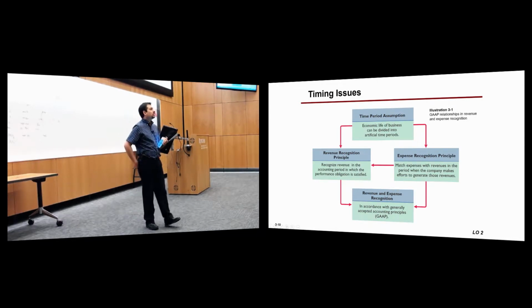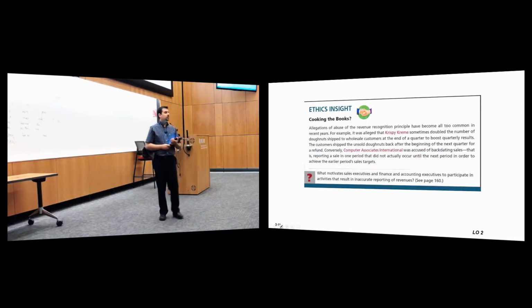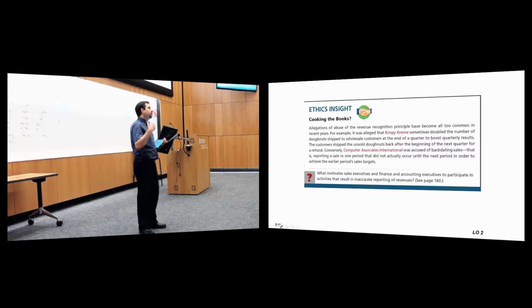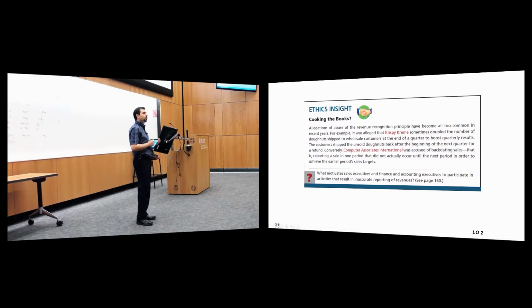What happens is that certain companies would make those sales and then allow, for example, Samsung would sell a large number of TVs to Best Buy. And then in January they will return them.